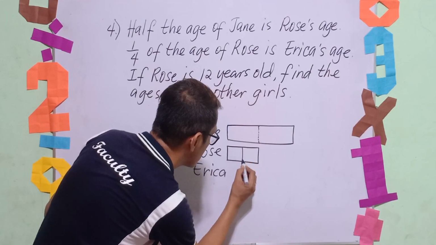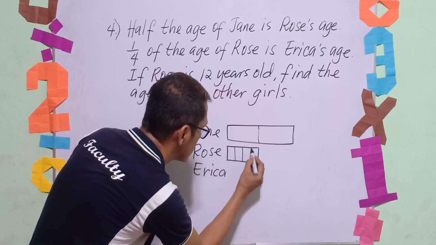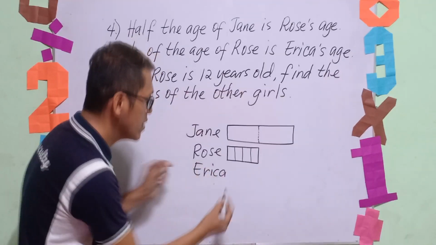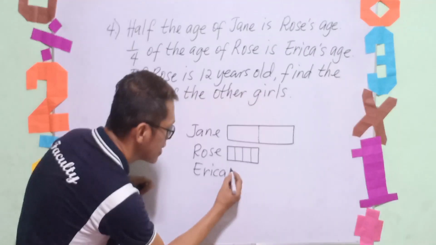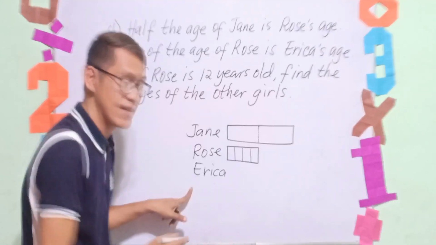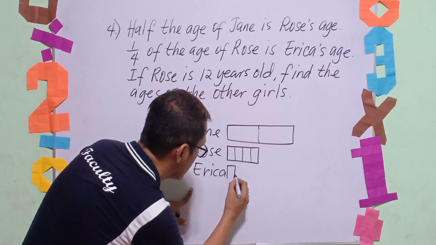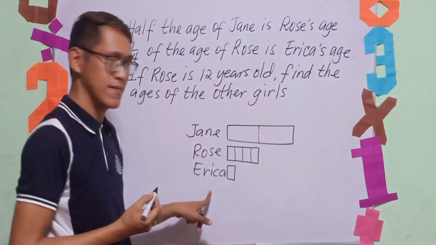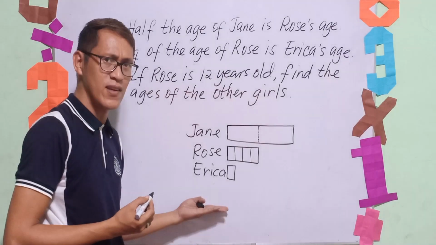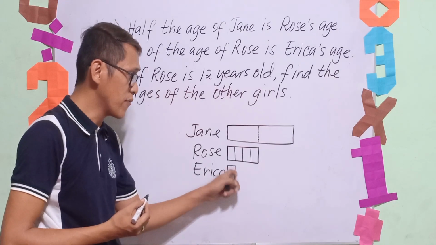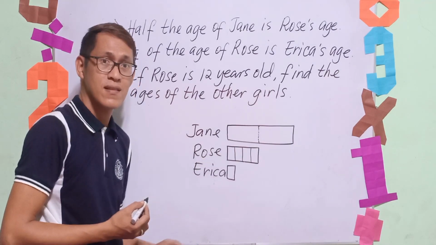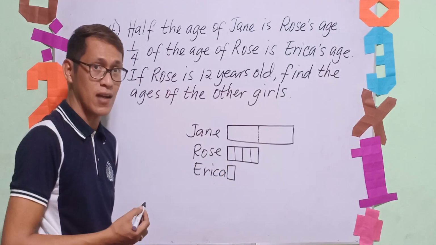So this one part here, that's the age of Erica. Can you follow? This is 1/4 of the age of Rose using the blocks.